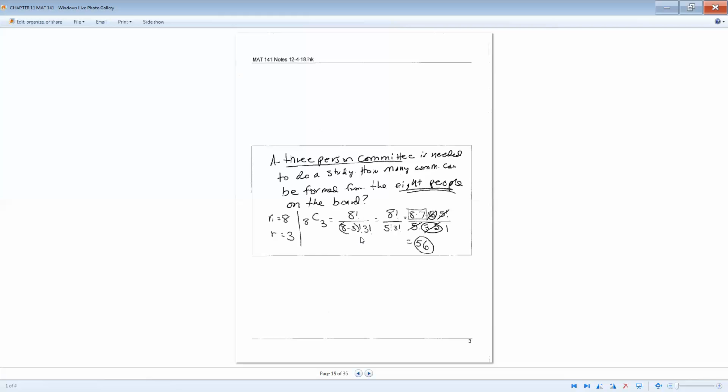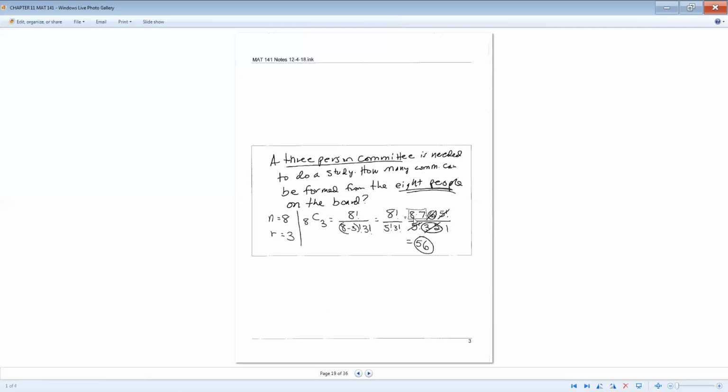If you want to do it by hand, of course you do order of operations first. 8 minus 3 will give you 5 factorial. You have 8 factorial over 5 factorial times 3 factorial. You cannot multiply these together and get 15 factorial. Those are separate applications. So that's 5 all the way down to 1, and there's 3 all the way down to 1.